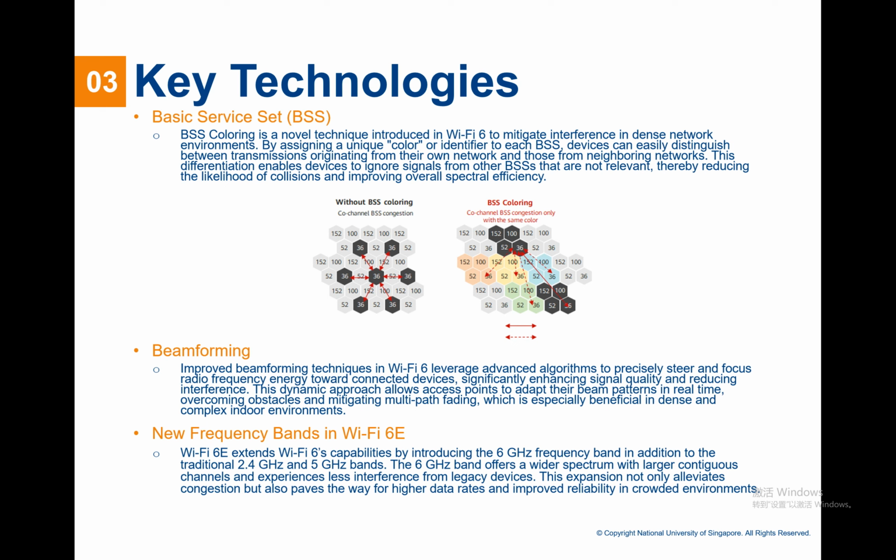This dynamic approach allows access points to adapt their beam patterns in real time, overcoming obstacles and mitigating multipath fading, which is especially beneficial in dense and complex indoor environments.